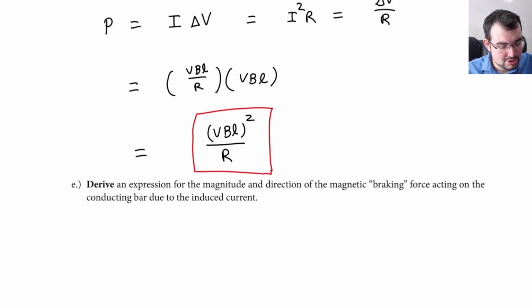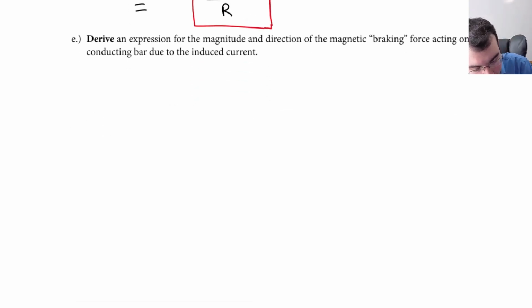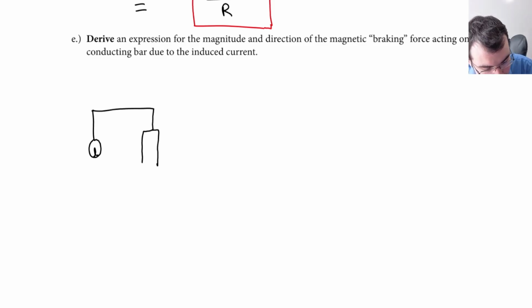All right, derive an expression for the magnitude and direction of the magnetic braking force acting on the conducting bar due to the current. So what does that mean? Well, remember, there's a magnetic force that's going to act on this because now we have current. So now we're going to go back to modeling the bar as an actual bar, just to help us make sense of what's happening here.